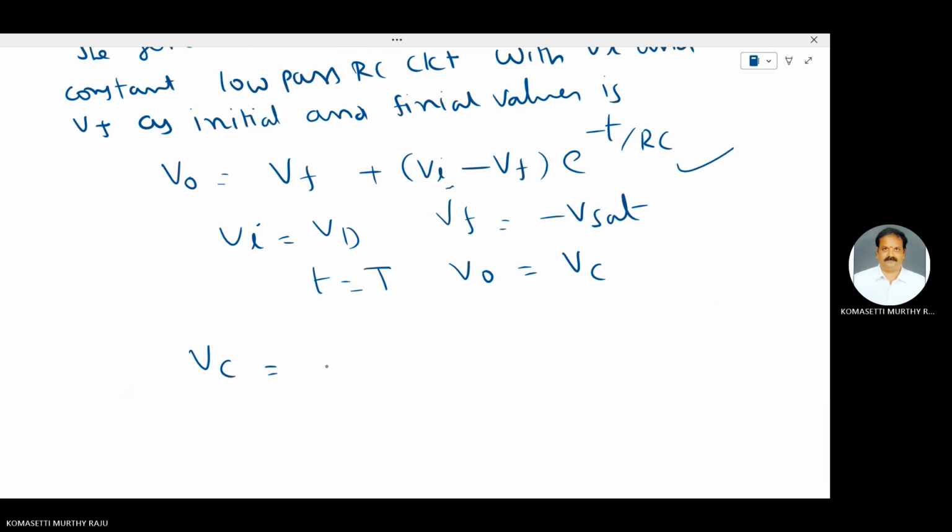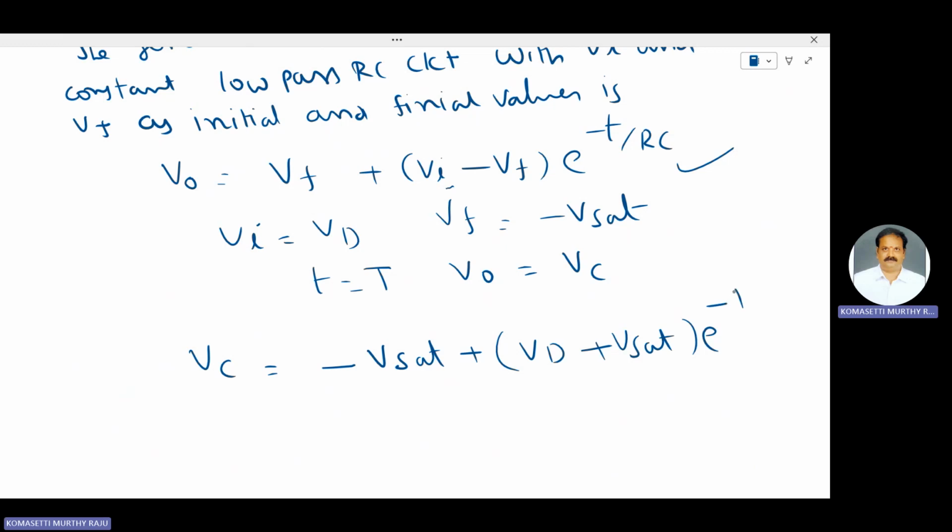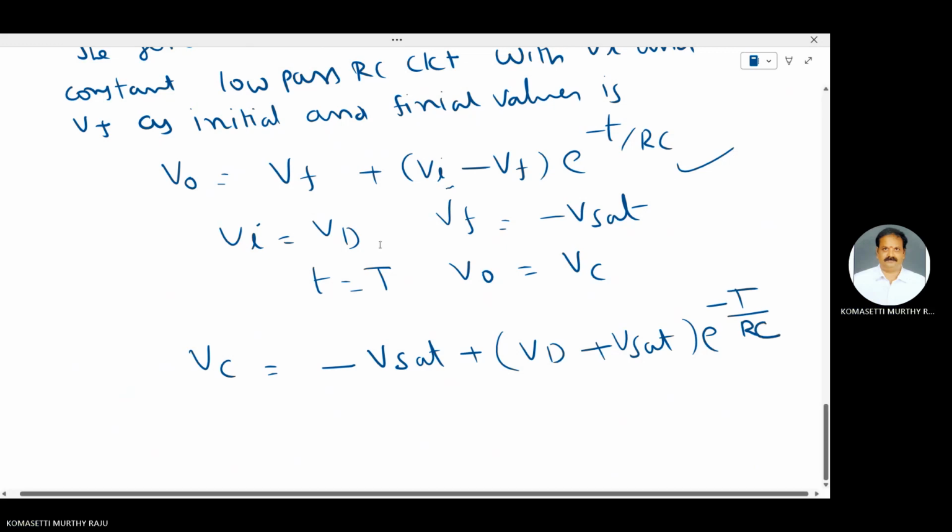Therefore, V0 is equal to Vf, minus Vset, plus Vi, which is Vd, so Vd plus Vset, e power minus t, represented by capital T, by RC.